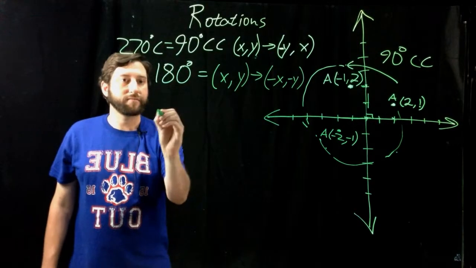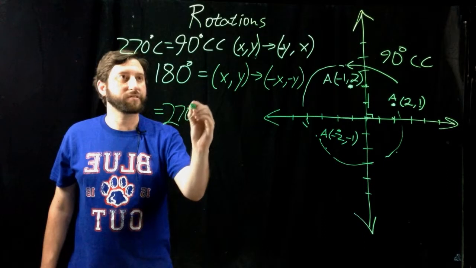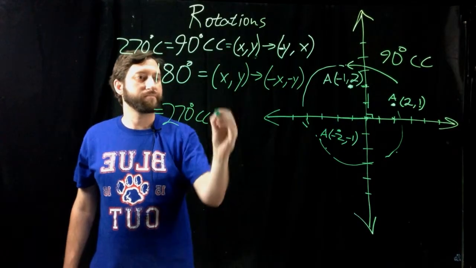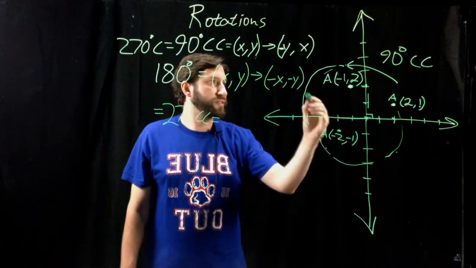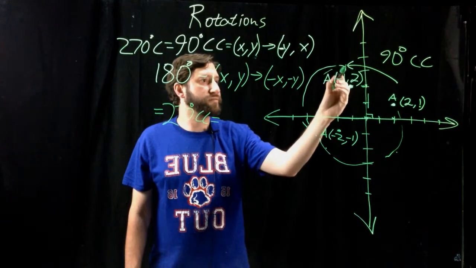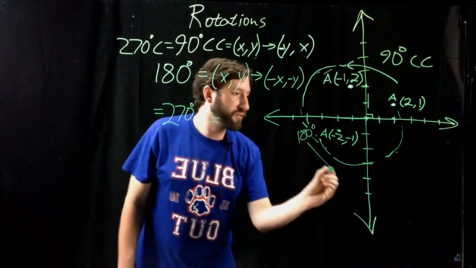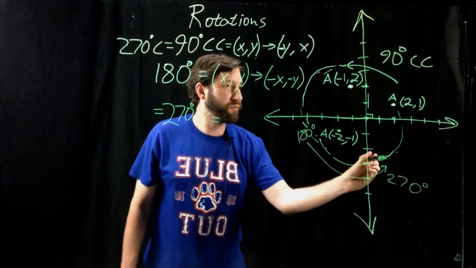And then finally, let's do 270 degrees counterclockwise. Let's see what we get with that. So counterclockwise, 90 degrees, 180 degrees, let's go a little further and take it to 270 degrees. So my point's going to be out here.